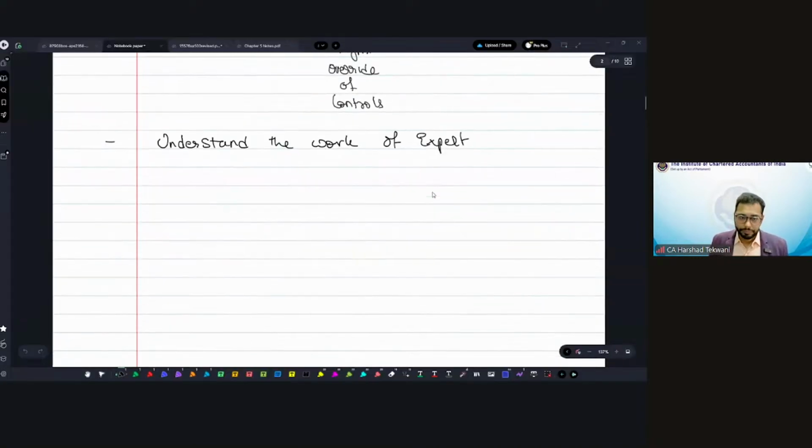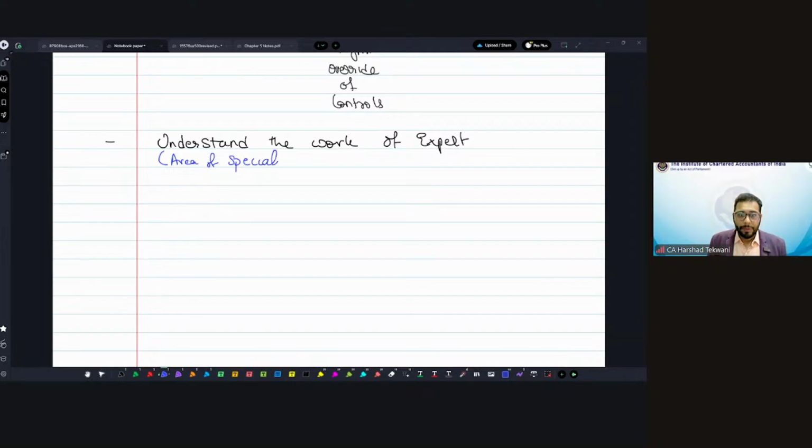First, we will understand the expert's independence, knowledge and capabilities. We need to understand what the basis is for the work, what the policies and procedures are, and we have to check recalculation and reperformance. What is the internal control? Yes, correct.